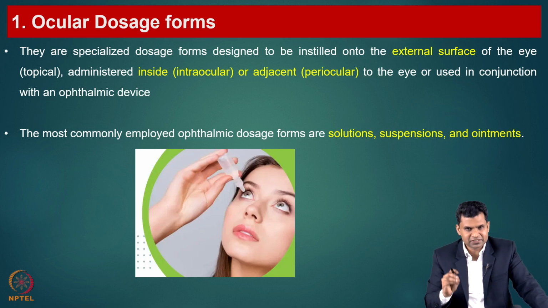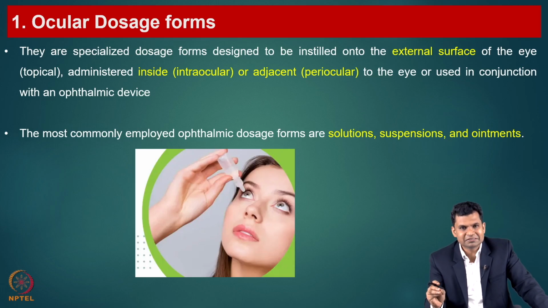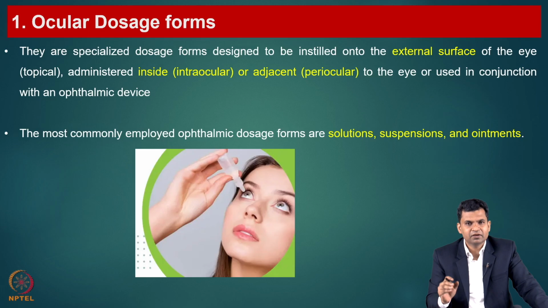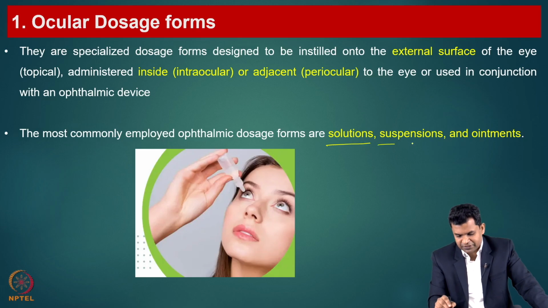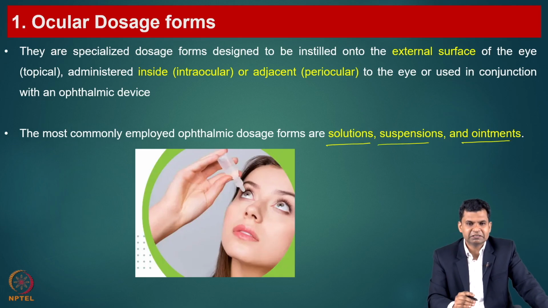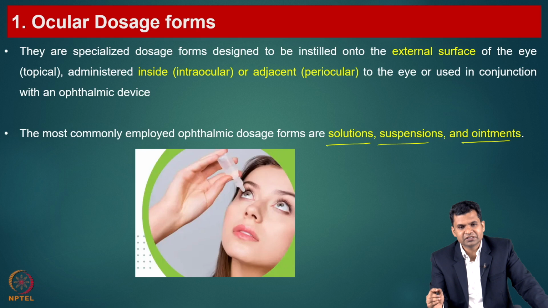These are also known as ophthalmic formulations, or pharmaceutical ophthalmic systems. In general, we use various types of solutions, suspensions, ointments and some other formulations for the treatment of various types of eye diseases.